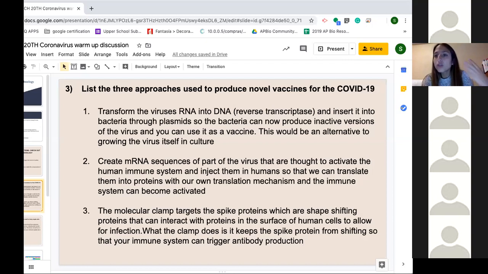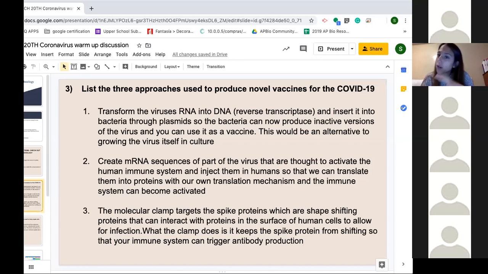So you find out what messenger RNA sequence is coding for these spiky proteins, and then you simply insert that mRNA sequence into our own cells. Because our cells, with our own translation mechanism, with our own ribosomes, will be able to translate that mRNA sequence into those proteins.